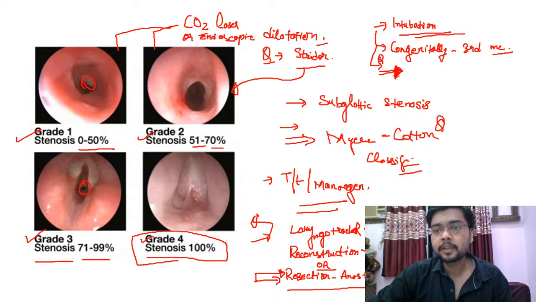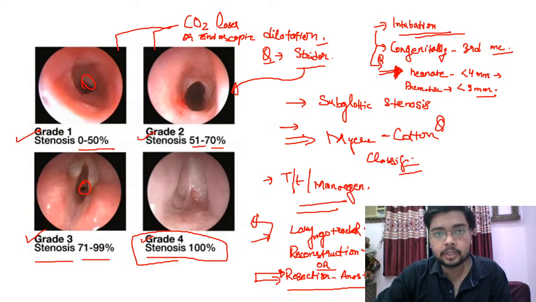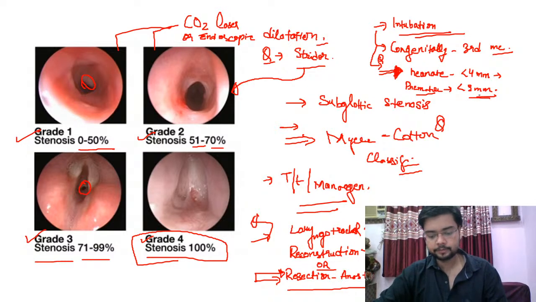You have some criteria for the diameter of the subglottis. If the neonate is mature, a normal neonate, and the lumen in the subglottis is less than 4 millimeter, you will call it subglottic stenosis. If that neonate is premature, you can take this dimension as less than 3 millimeter, right? So a subglottic diameter of less than 4 millimeter in full term is stenosis, and in premature this changes to less than 3 millimeter.